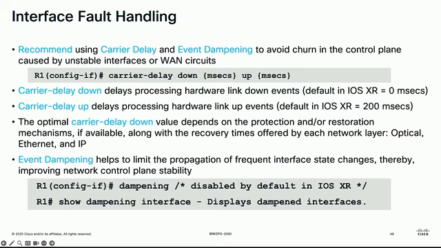Both event dampening and carrier delay are very useful in terms of reducing the noise or churn going to the control plane. If you have too many flaps on the link, too many flaps on the interfaces, that can cause churn, unnecessary noise in the control plane. So we highly recommend that you make use of both the functionalities.